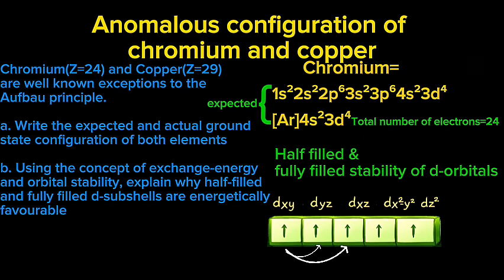This exchange in orbitals releases a very small amount of energy, as compared to when an electron that is paired is to exchange or to move to an orbital that is unpaired. That requires a greater amount of energy.